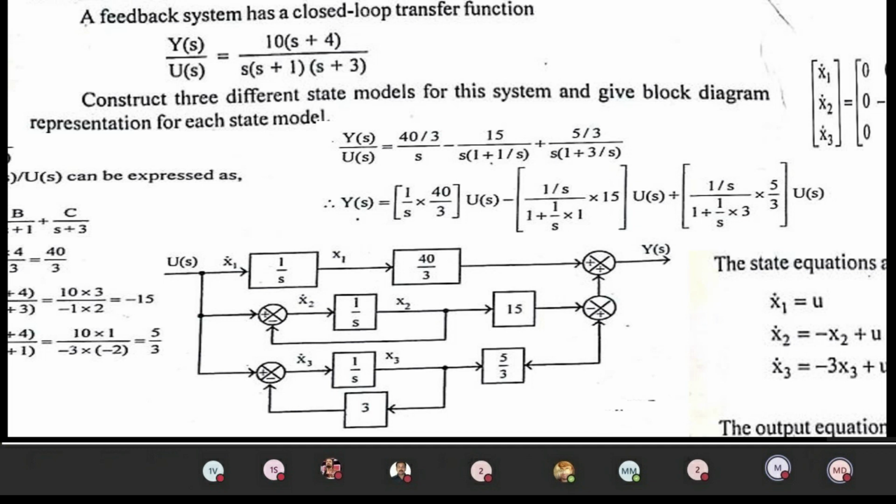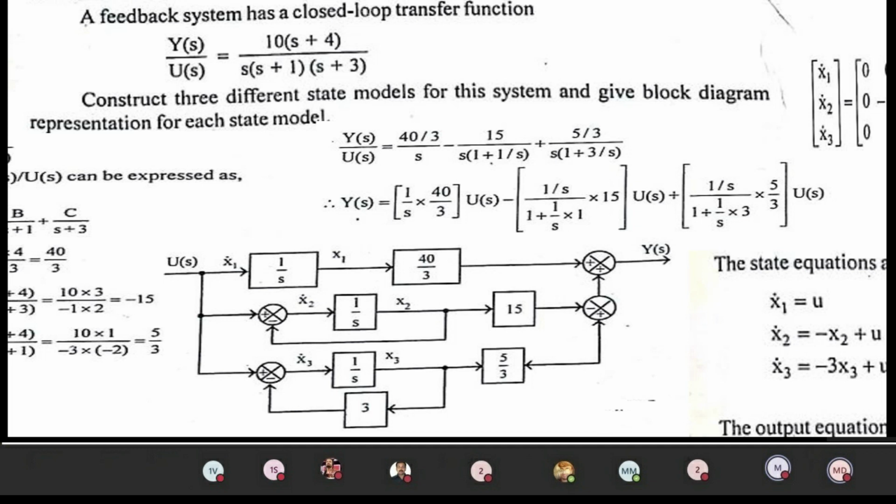Here you can see the transfer function is given as usual. Apply the partial fraction and determine the constant values, and you will get a transfer function like this. The A value is nothing but 40 divided by 3, the B value is minus 15, and the C value is nothing but 5 divided by 3, okay.